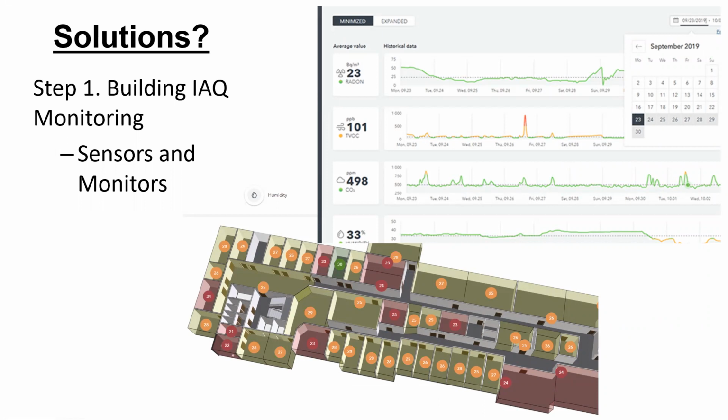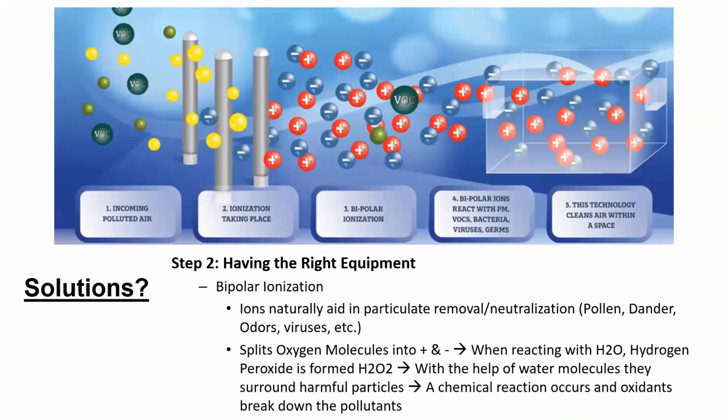We can have carbon dioxide sensors, radon, humidity sensors, temperature, particulates in the air, VOC sensors, making sure we have the ppm, parts per million, content of any particles, and there are sensors that we can use to track those and work based on those.